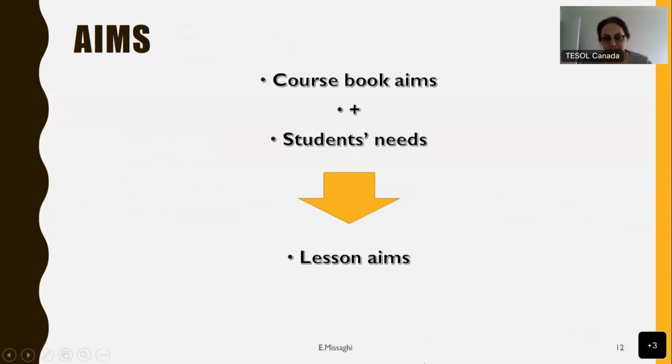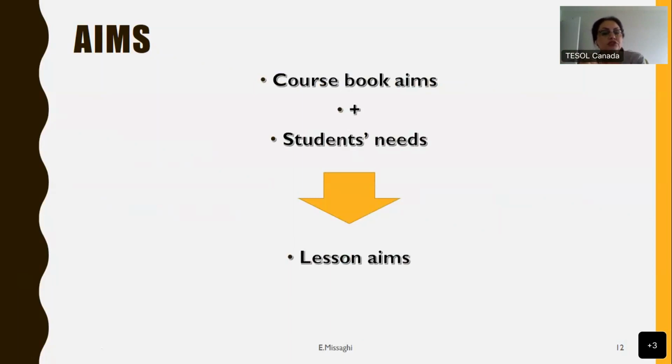What about aims? When you want to choose or write a terminal objective, it is based on the students' needs and coursebook aims. Sometimes you yourself choose the material based on the needs of your students.